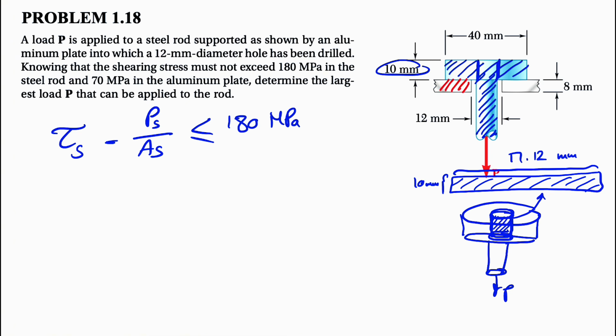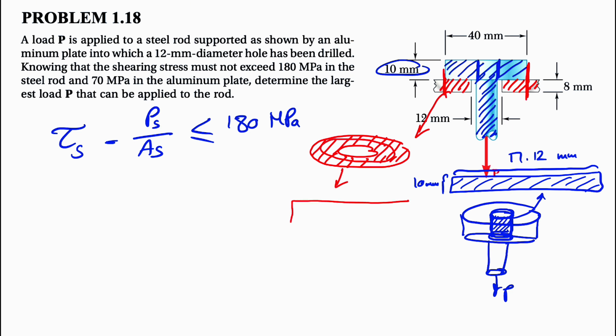This is the aluminum plate, the other part of the question. If we look at that plate from the top, we're going to see something like this. That's the surface that the steel plate is applying on the aluminum plate, and it's going to go under shear stress on these two sides. We have again the same band here, and if we want to open it, we'll see again the same band.